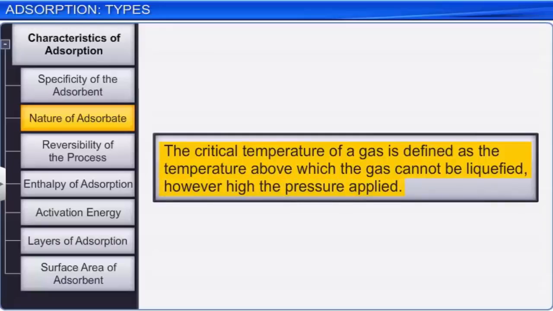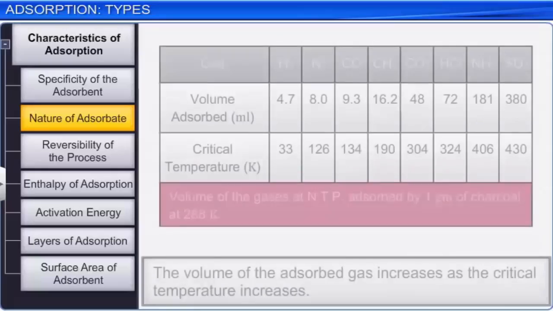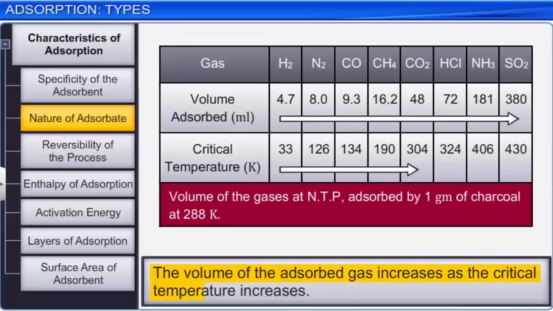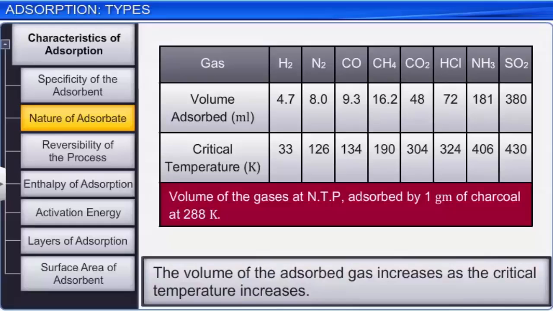It can be seen that the volume of the adsorbed gas increases as the critical temperature increases. The critical temperature of sulfur dioxide is 430 Kelvin, and hence it is adsorbed more on charcoal than methane and hydrogen, which have a critical temperature of 190 and 33 Kelvin respectively.